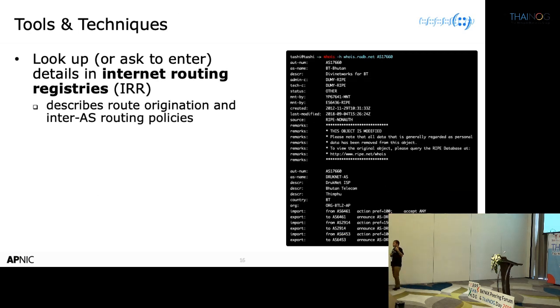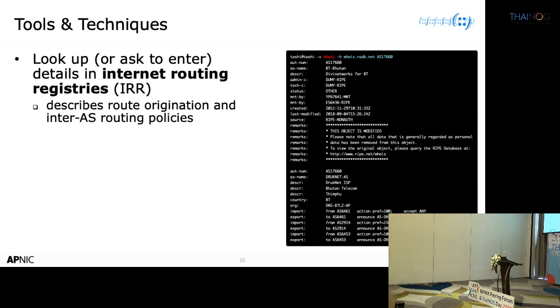And the third and the most common one is the routing registries, internet routing registries. These databases have routes, their origin AS, and if you have multiple peering, they would also show inter-AS routing policies. Whenever I receive a request from someone to peer, they would also be looking up this internet routing registry database and seeing if there is a route object that already exists there.